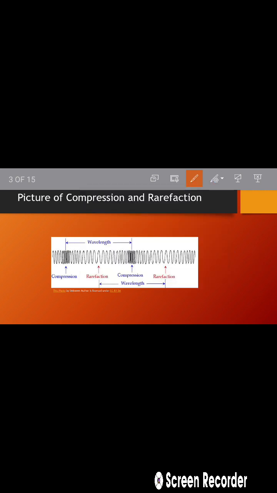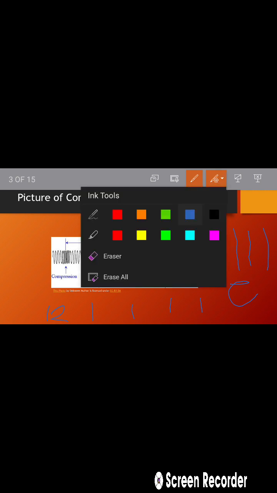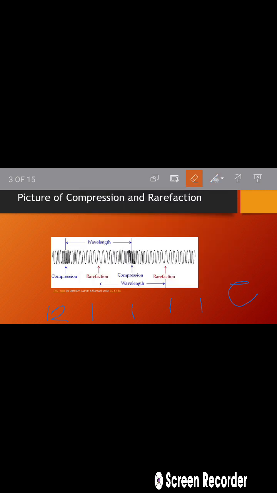This is compression. And what is rarefaction? Like this, the lines are farther apart than normal. This is called rarefaction. Hope you understood from this diagram. Let's move to the next slide.